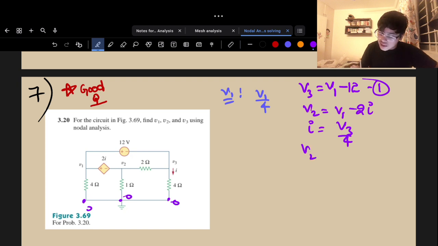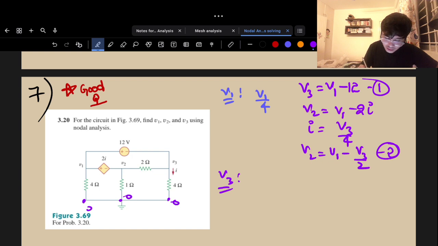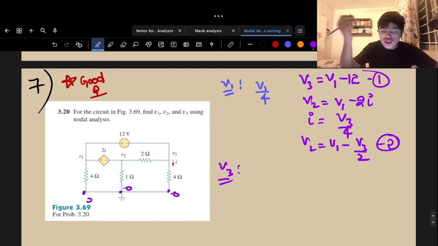So my V2 is equal to V1 minus V3 by 2. This is my second equation. And simply apply at a particular point, say V3, then you need to assume one supernode at least to get a particular equation.